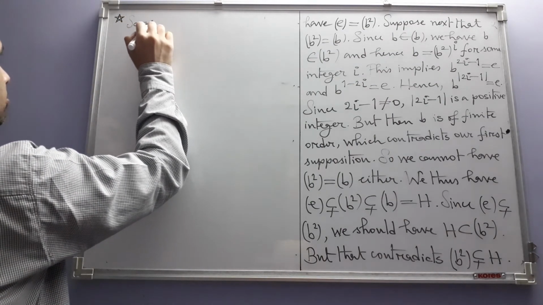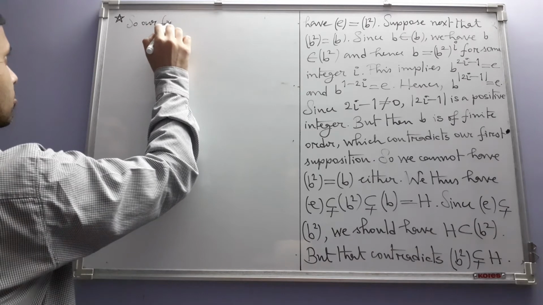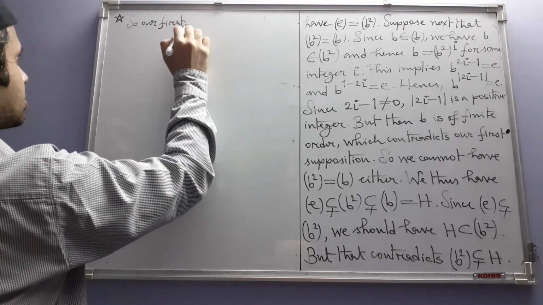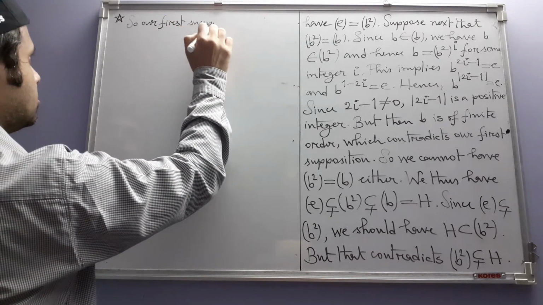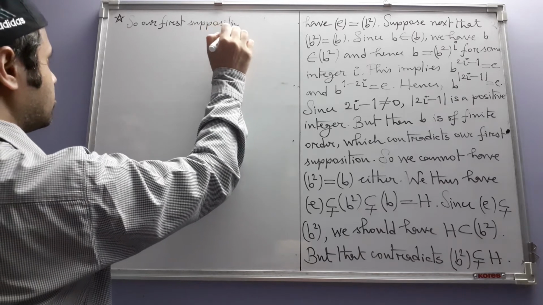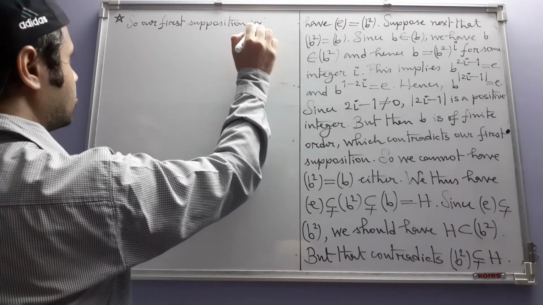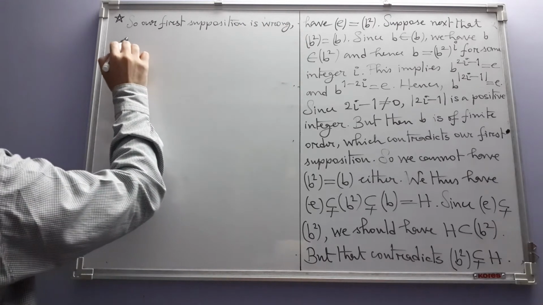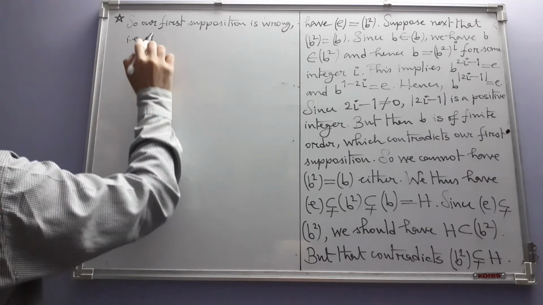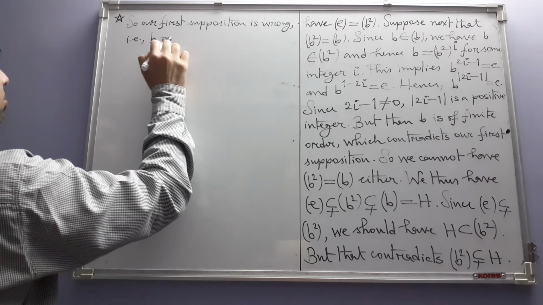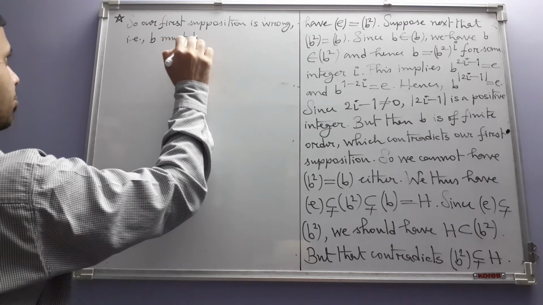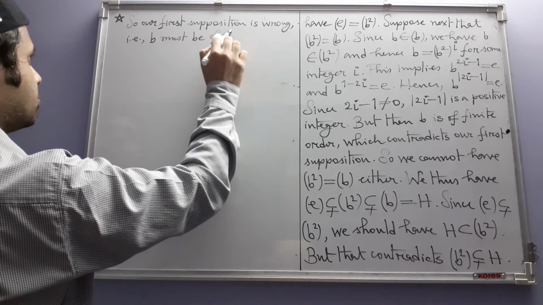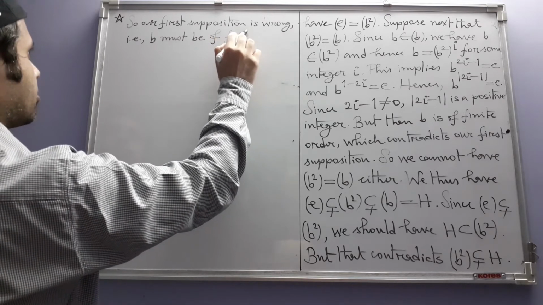So our first supposition is wrong. That is, B must be of finite order.